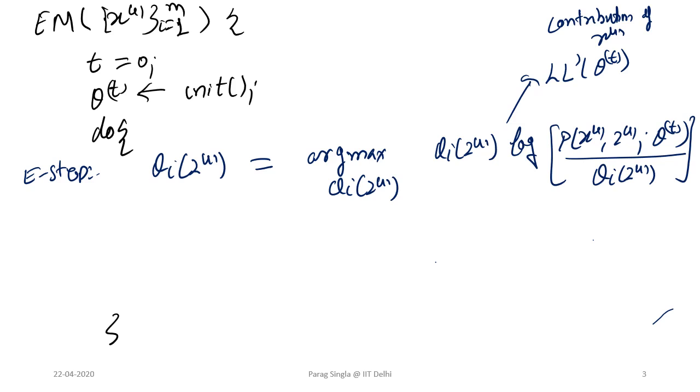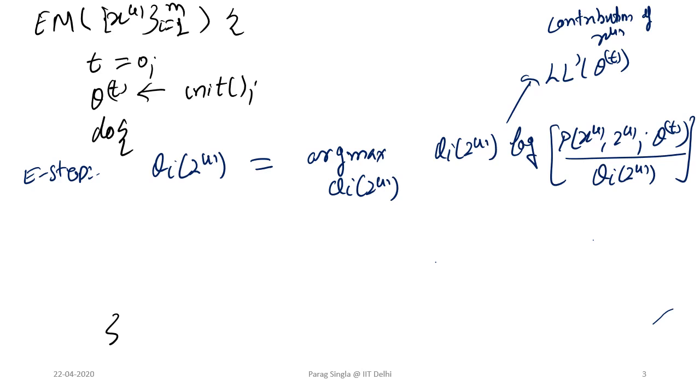Because we are constructing this lower bound at theta t, we wanted to find that distribution Qi such that this lower bound touches the original function LL theta at theta t. Since the lower bound is touching the original function, it has to be the best lower bound at theta t, which is obtained by maximizing with respect to this distribution Qi of zi.